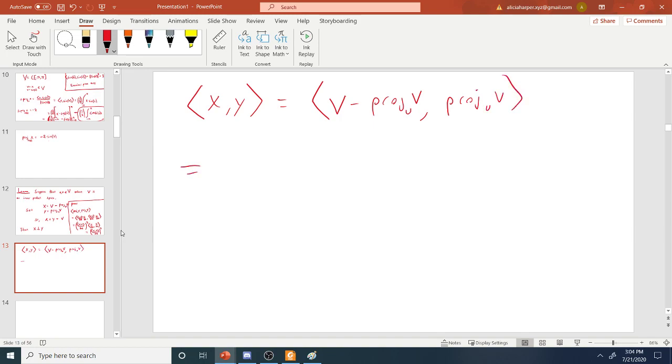This will be the same thing as the inner product of v with proj of v onto u minus the inner product of proj of v onto u with itself.